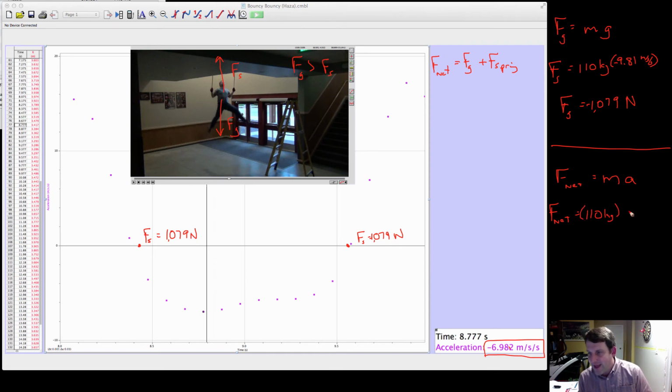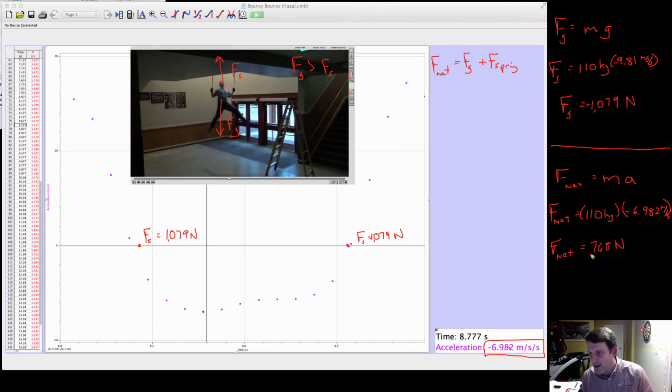So when we do this, we say, okay, the net force is equal to mass, 110 kilograms, times a negative 6.982 meters per second squared. And when we do this math, we find that 110 times 6.982 gives us a net force of 768 newtons, right?